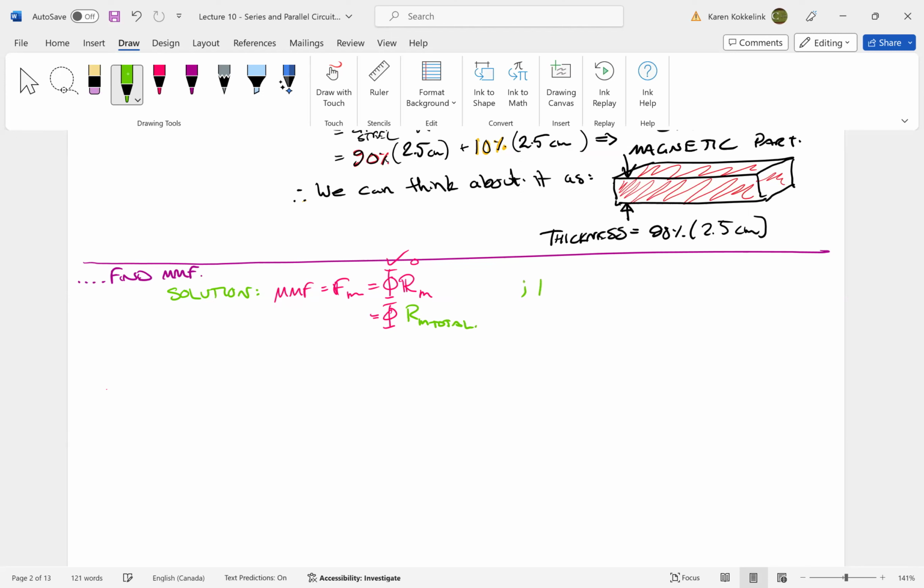But Rm total is going to be the sum of the reluctance of this shape plus the reluctance of this laminated section at the bottom.